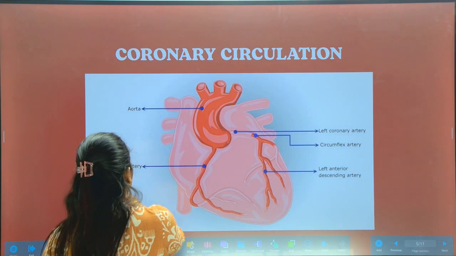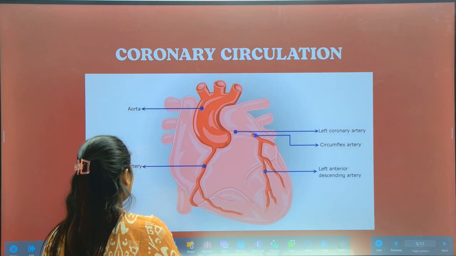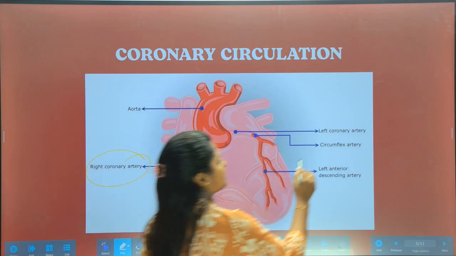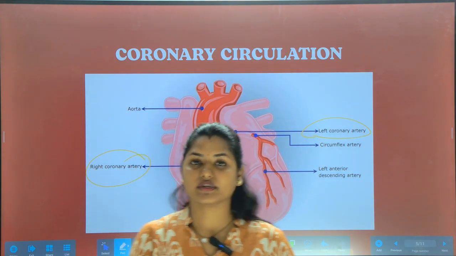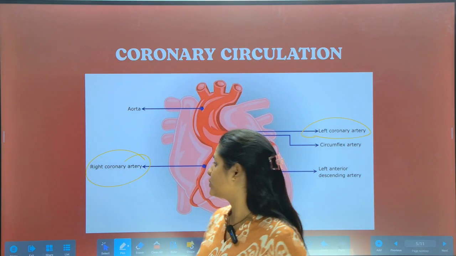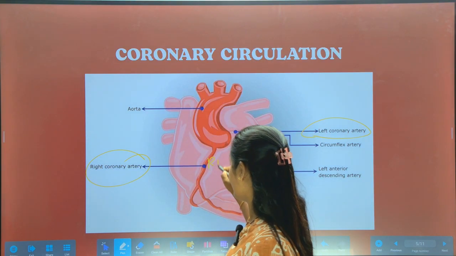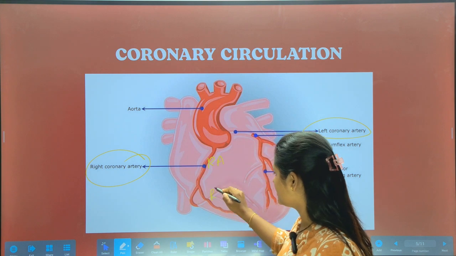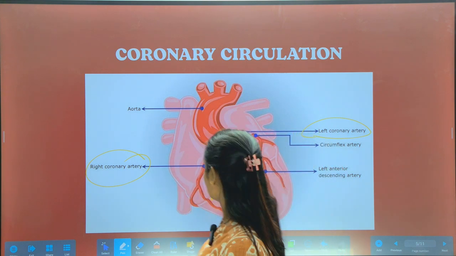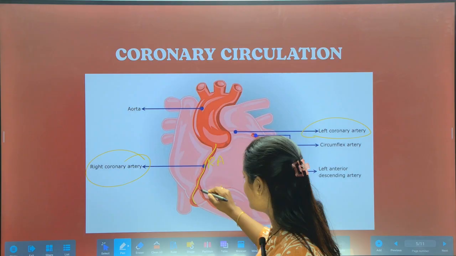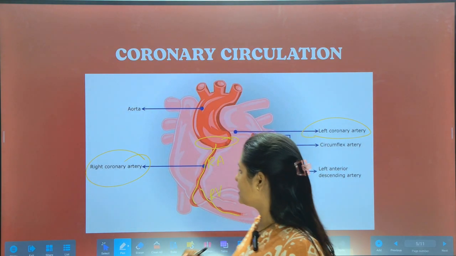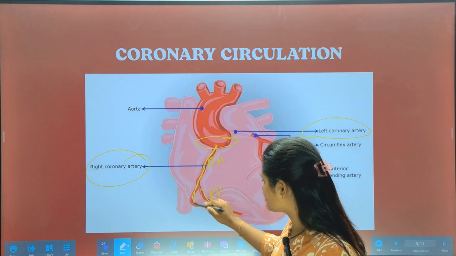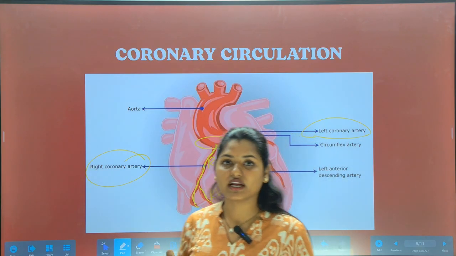One is the right coronary artery and the next is the left coronary artery. In the right coronary artery, the blood is transferred to the right atrium and right ventricle, and these arteries are derived from the base of the aorta.